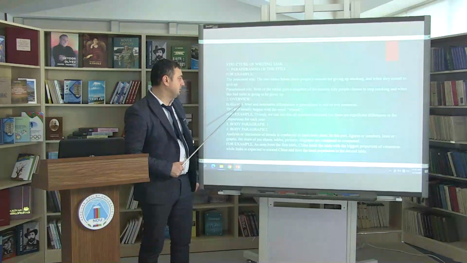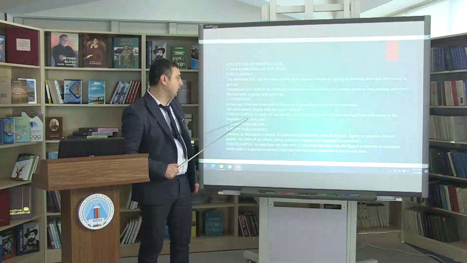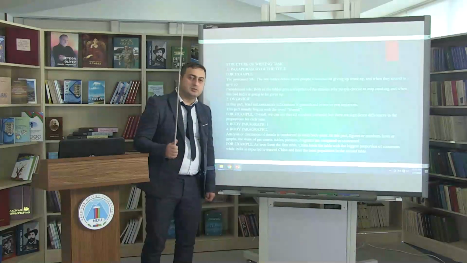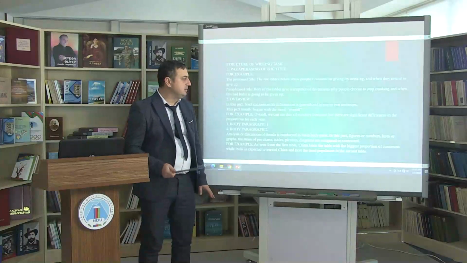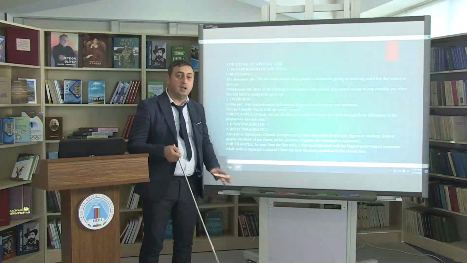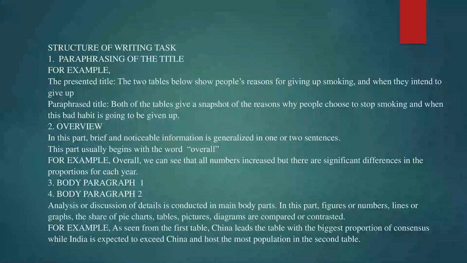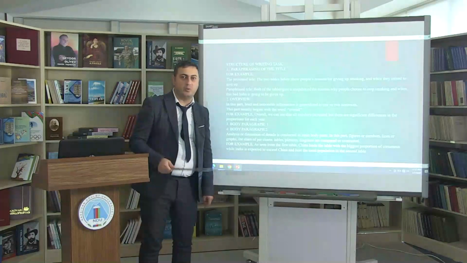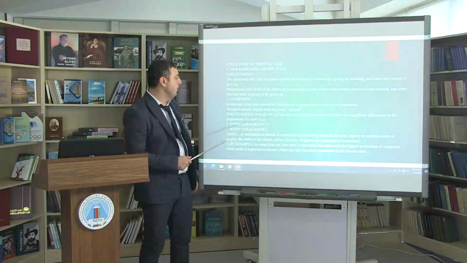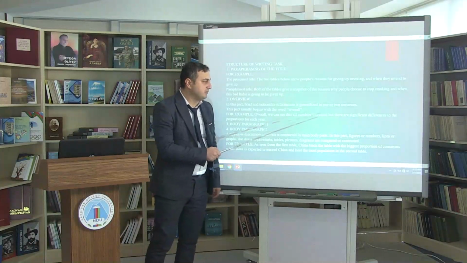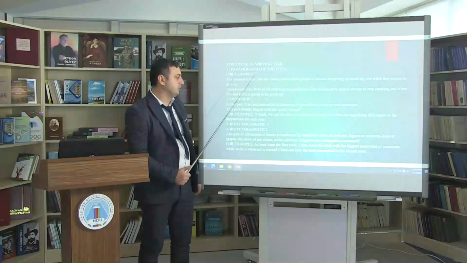In this part, brief information is given about a given topic, and we can give the main details, especially the noticeable details, covering the tables or pie charts and so on. For example, overall, we can see that all numbers increase, but there are significant differences in the proportions for each year.